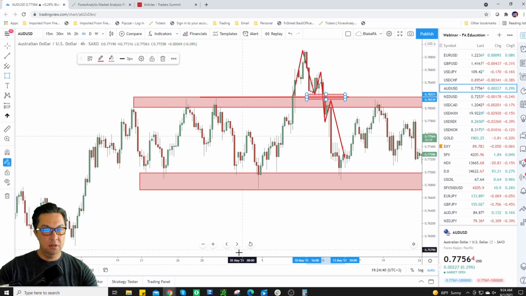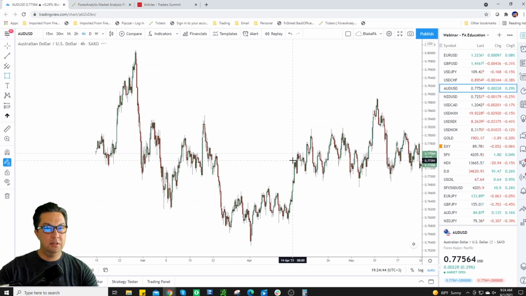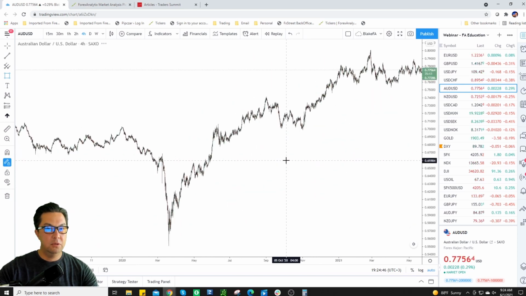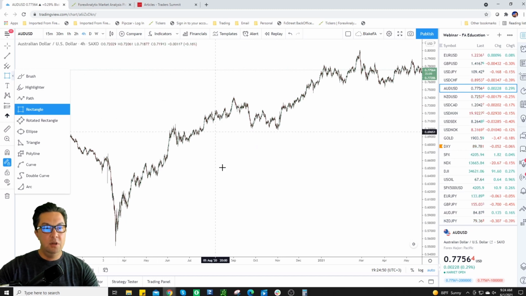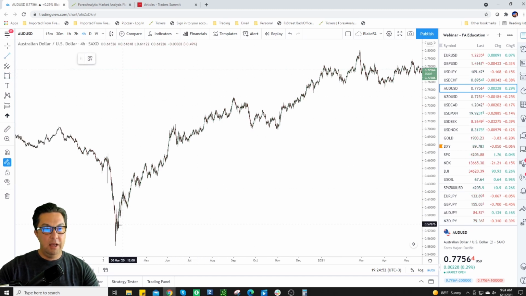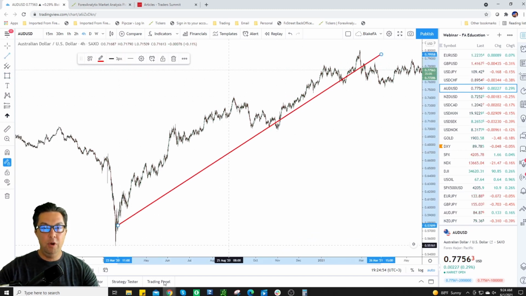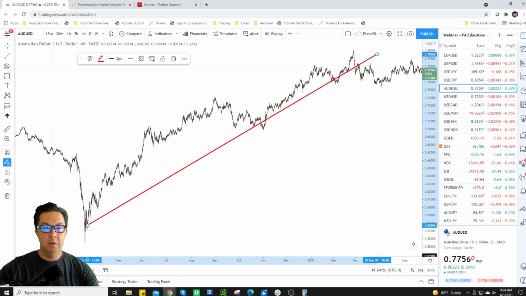Now, I'm going to help you with one last thing. Let's delete this, and let's zoom out quite a bit. And what you'll notice is you can identify a longer term trend. This currency pair tends to be trending up, and it has been for the last year.